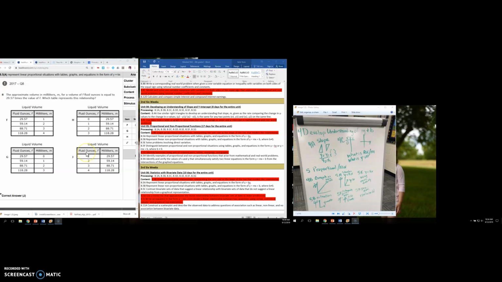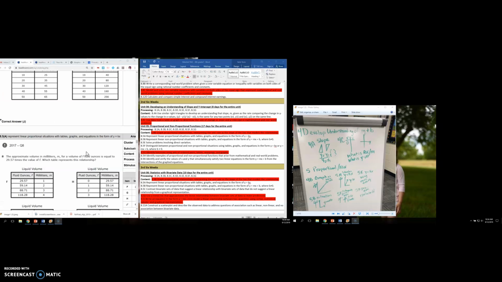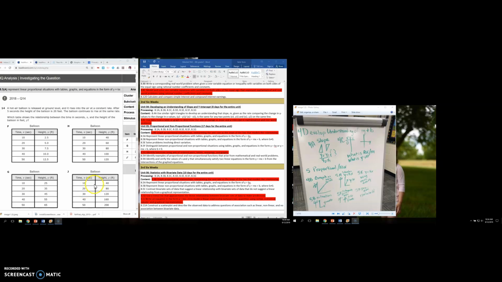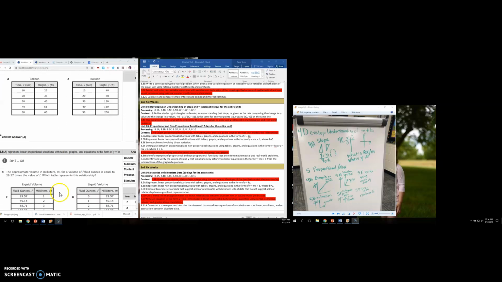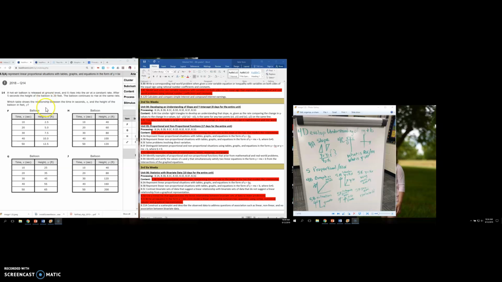So it's only been tested twice, and both times it's been tested given the situation and come up with the table, but it could be tested also in the future given a situation, come up with the graph, given the situation, come up with the equation. But all of these are just going to be giving situations and then coming up with these pieces here. So that's where you want to keep your kids, reading situations and coming up with the tables, graphs, and equations from that.